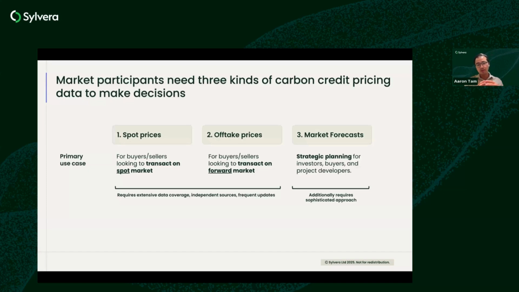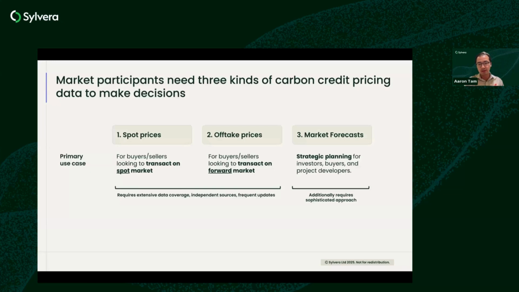So across number one and two, spot and offtake prices, the approach here is relatively straightforward. It's all about data collection. It means having extensive data coverage, having independent and trusted data sources, and frequent updates. And that's what we try to do at Sylvera, and I'll talk you through that in a moment. So that's number one and two.